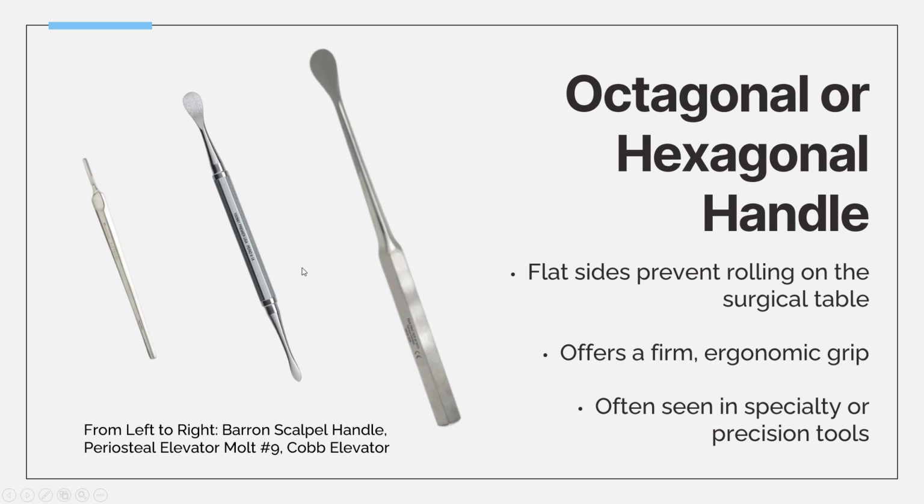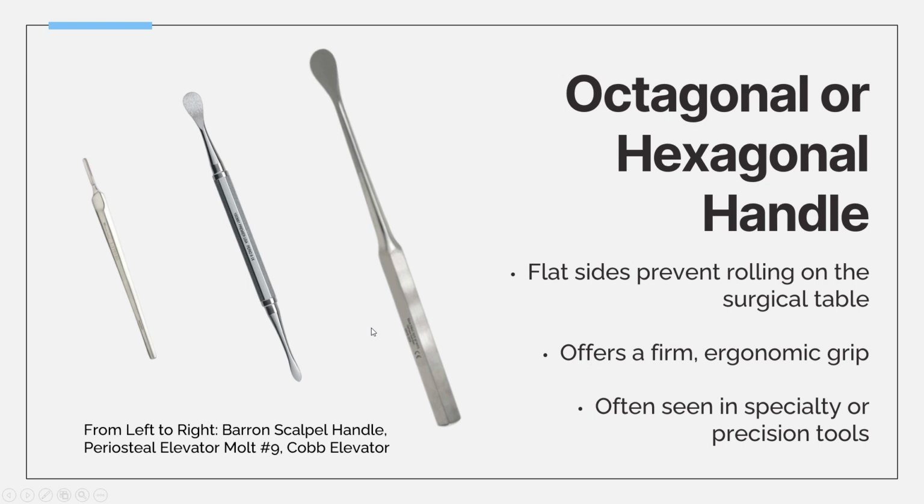And next we have octagonal or hexagonal handles. As you can imagine, these handles have flat sides and usually have 6 or 8 sides to them. They provide an anti-roll function due to this. So surgeons or scrub nurses could just place this on flat surfaces, preventing them from rolling off the tables, for example.